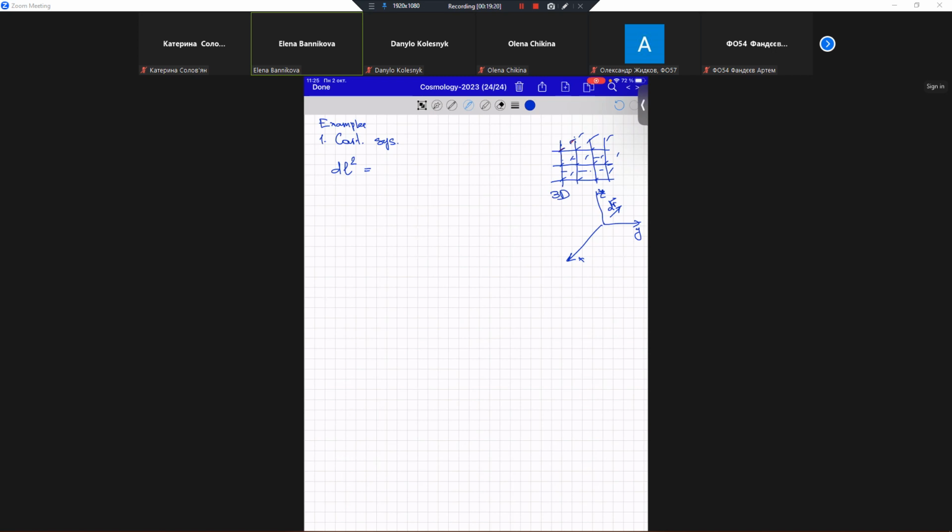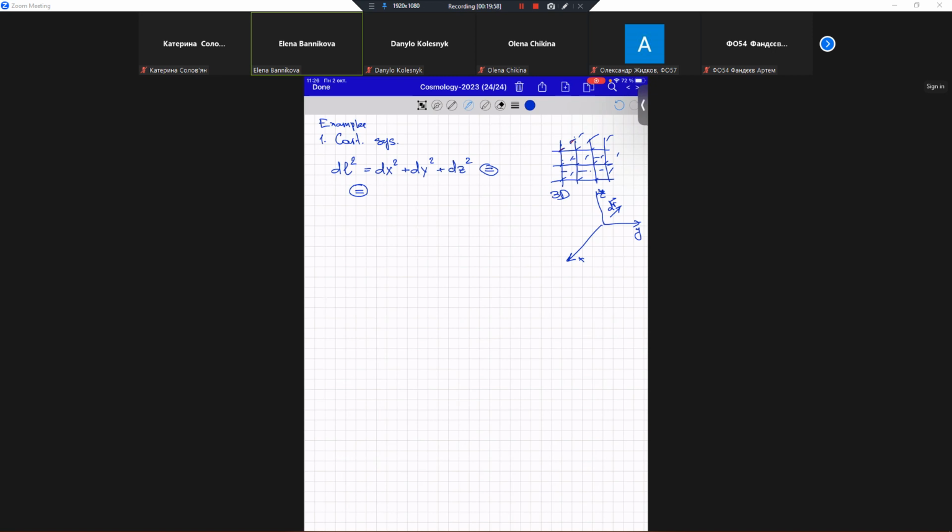What is this? This is a generalized Pythagorean theorem, so I can write dx squared plus dy squared plus dz squared. When I put equals in a circle, it means that I continue, because in the previous lectures there was some misunderstanding.